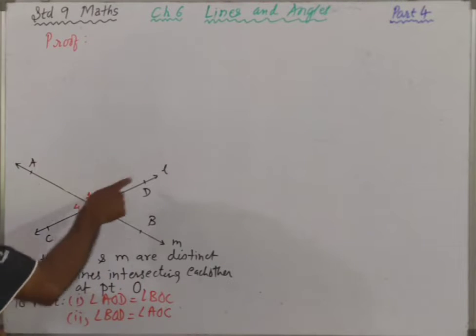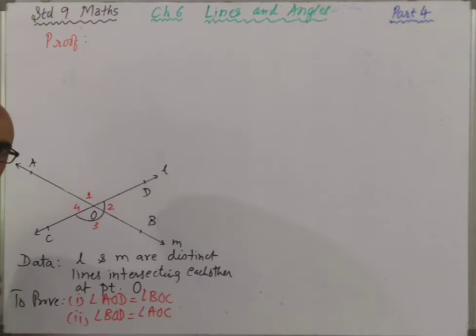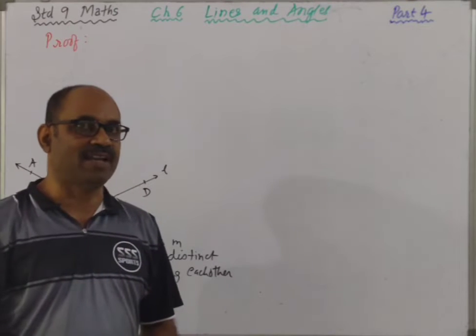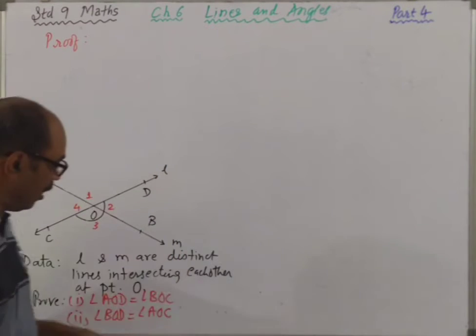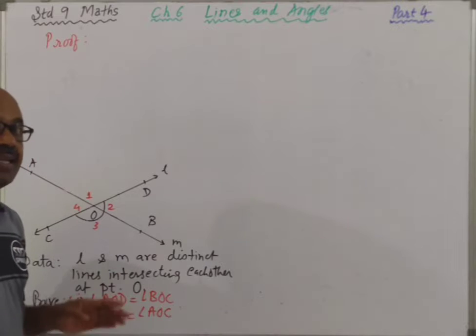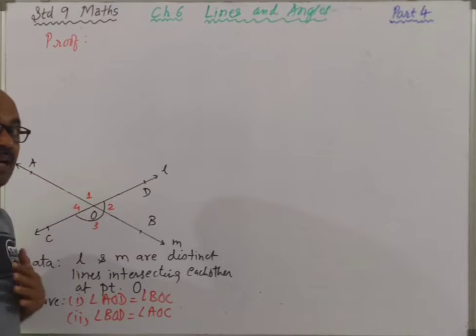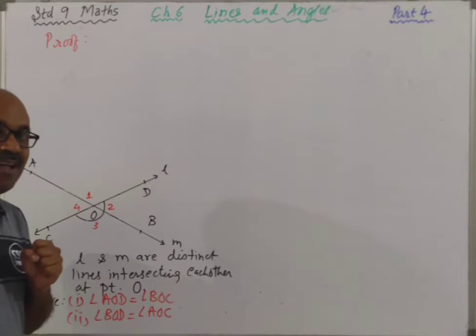Lines are intersecting at this point. Two distinct lines are intersecting at point O. So you know four linear pairs of angles are formed and two pairs of vertically opposite angles are formed. Here, the two pairs of vertically opposite angles so formed are equal, are congruent. That is what we have to prove. And we also have the linear pair, we will use it somehow. That is the thing to think about.